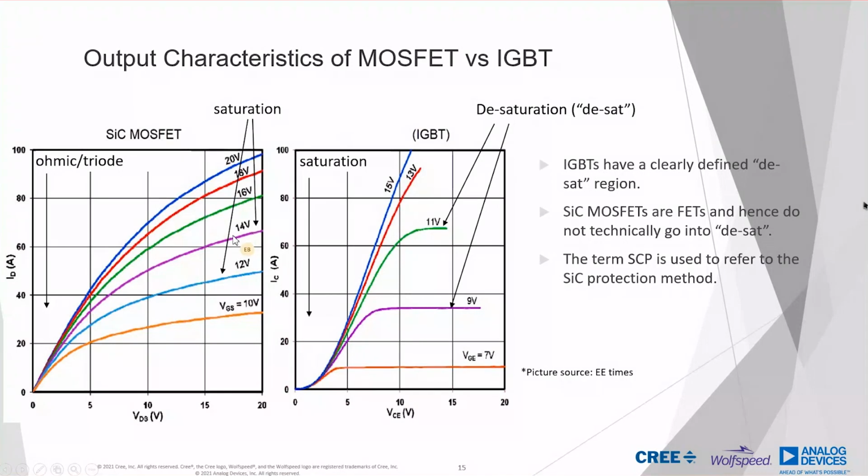Conducting MOSFETs, however, are either in the ohmic triode region or they're in a saturation region. The transition between these is much less pronounced, as you can see comparing the two curves. So while similar protection circuits are used, you do need to adjust your performance expectations in terms of what is realistically achievable with a silicon carbide device.